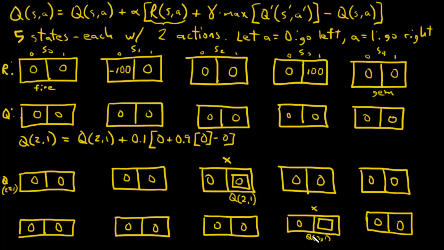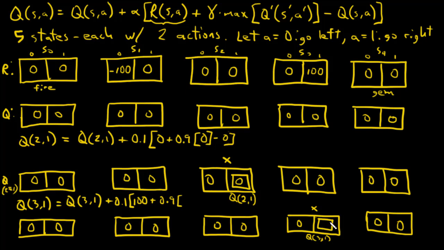Alright. So let's run the actual Bellman equation. Q of 31, state 3, heading right, gets the value that was already stored in Q31 plus 0.1 times. Now we look up at the reward table for this location. There's a reward of 100 there, so I put 100 in right here. And then plus 0.9 times.